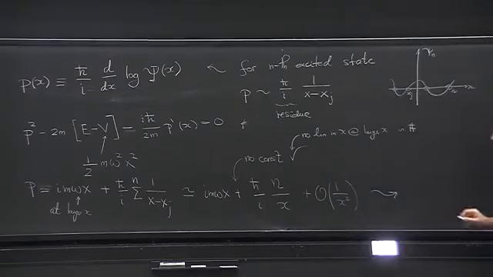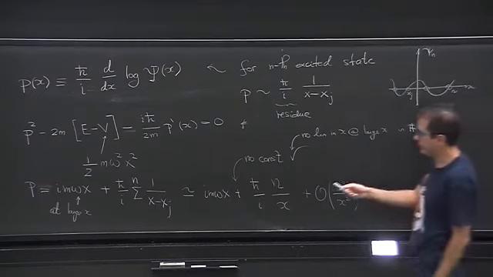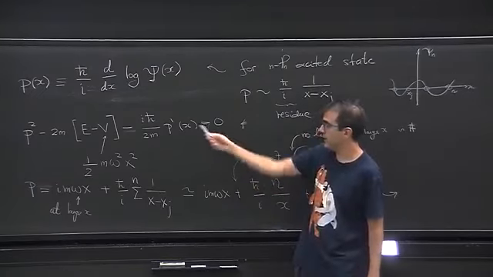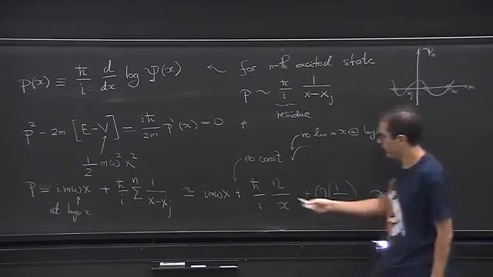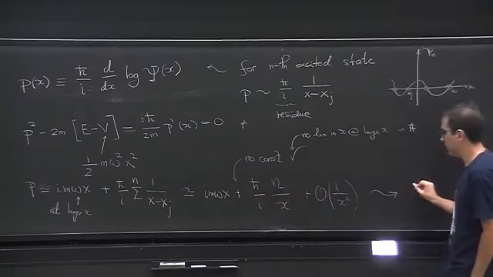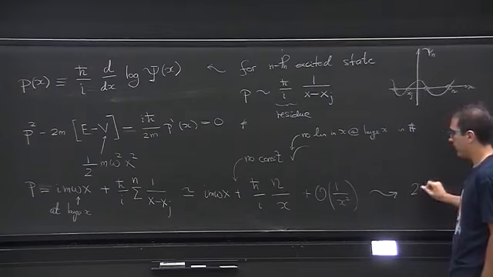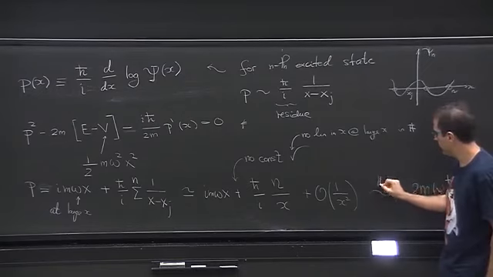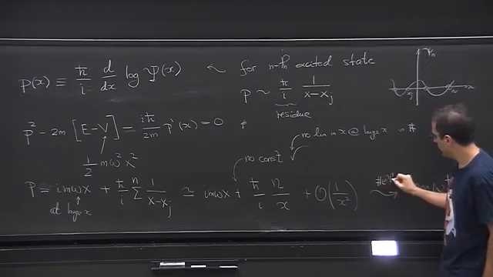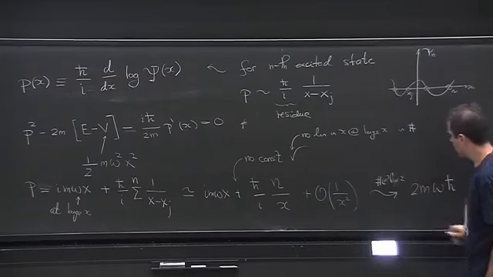Well, the leading term cancels. The term when I compute p squared cancels because it was designed to cancel. So let's check the subleading term. The cross term gave 2m omega h bar. So this we are plugging into the equation at large x and looking at the constant term.